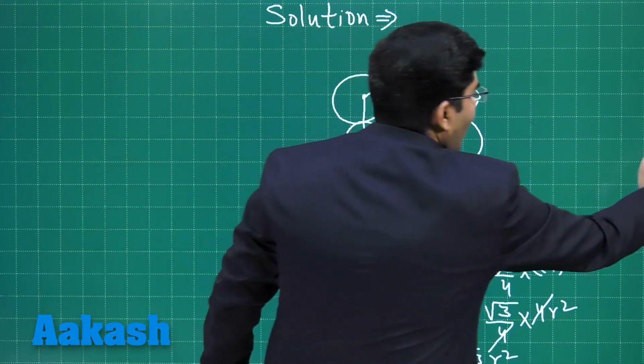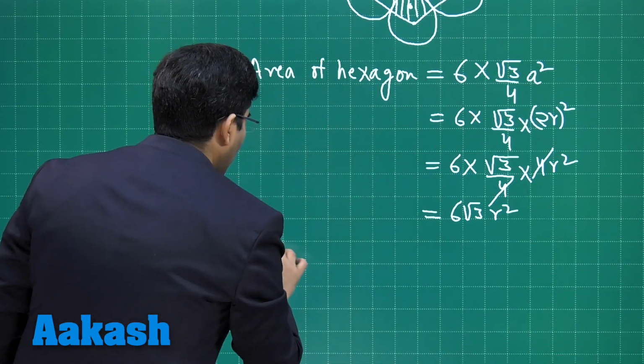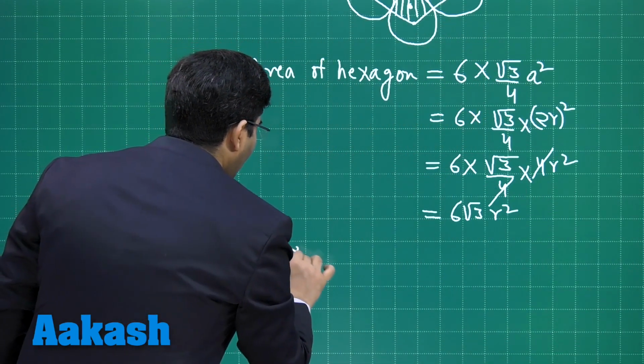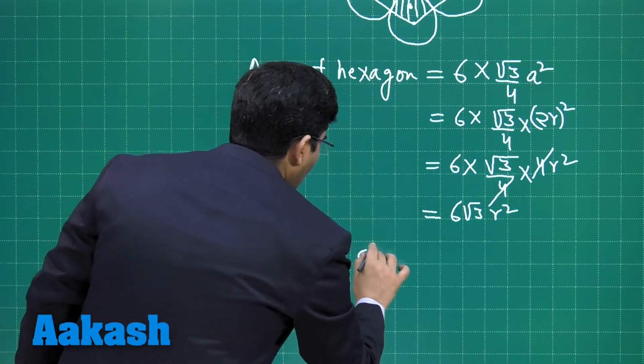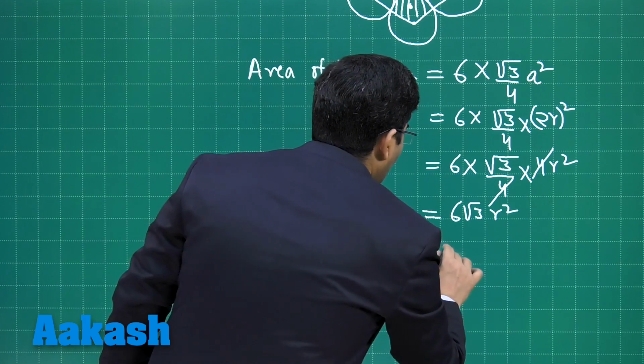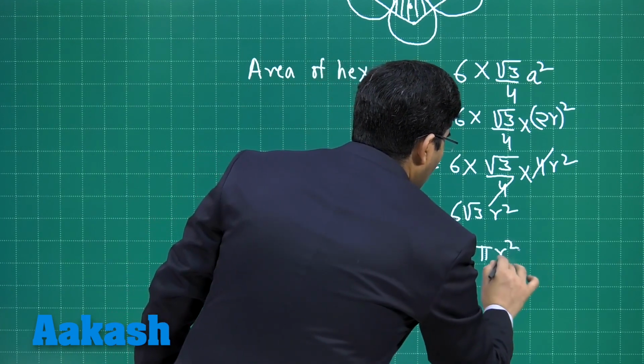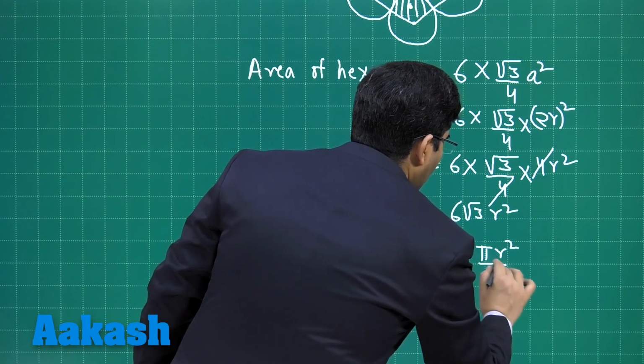So we have to find out the area. So that will be equal to the area of circle, which will be equal to 6 multiplied by pi r square by 3.